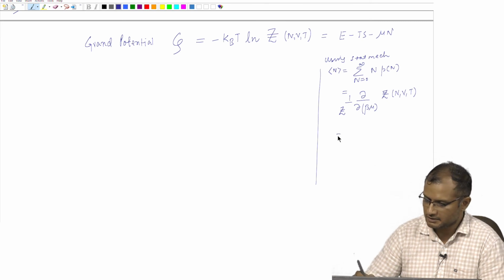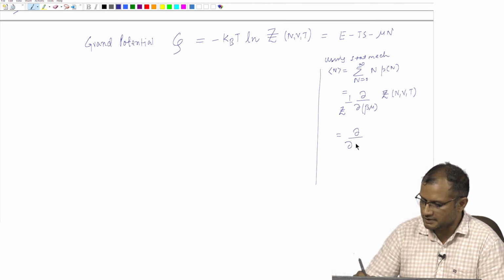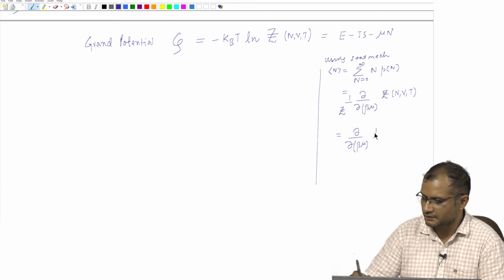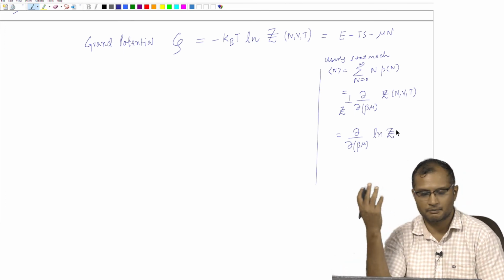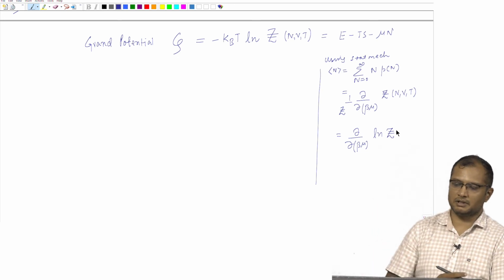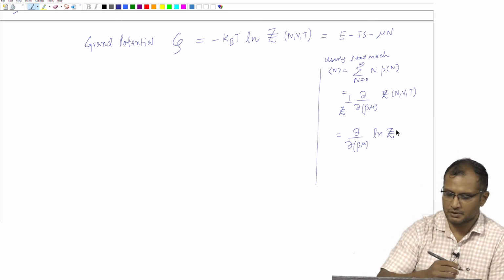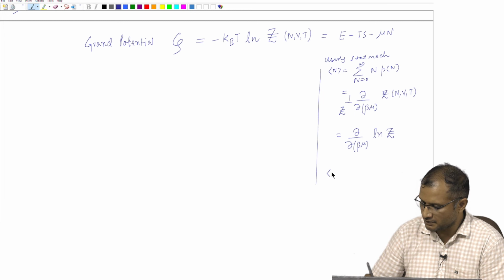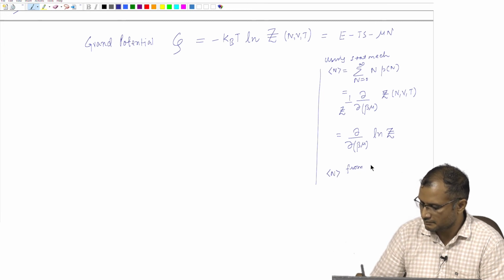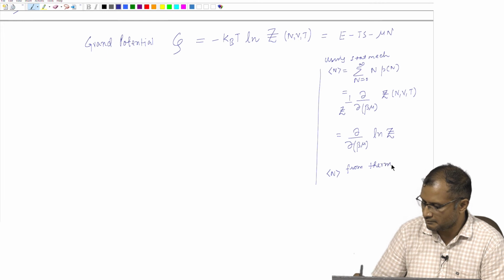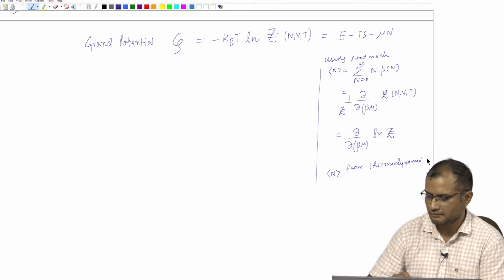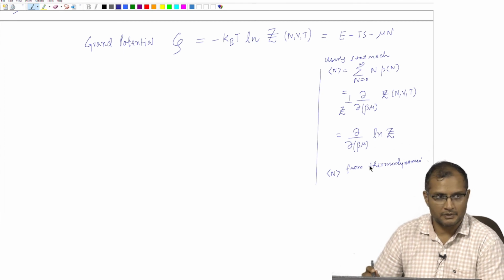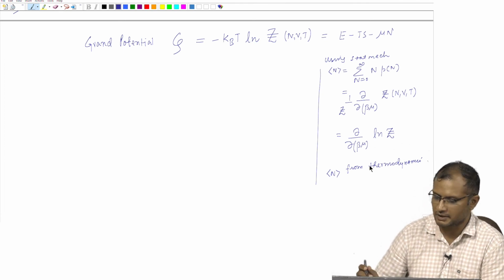So, this is nothing but d by d beta mu of ln of Z, and you can compute n from here, but that is not our target. Then you compute n from your thermodynamics also. So, you can get a relationship.